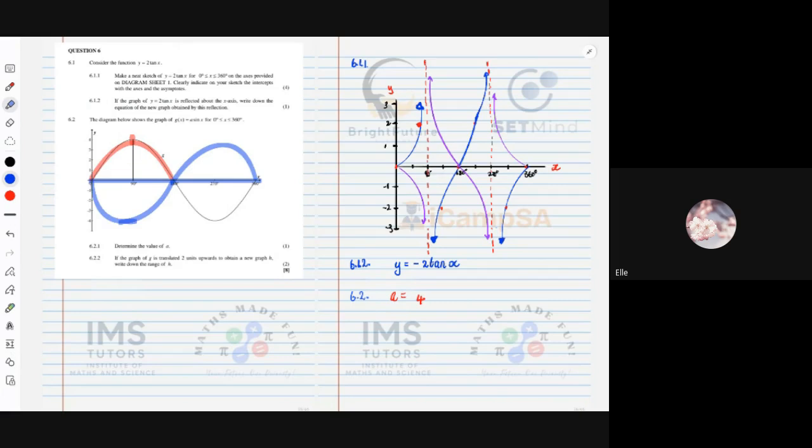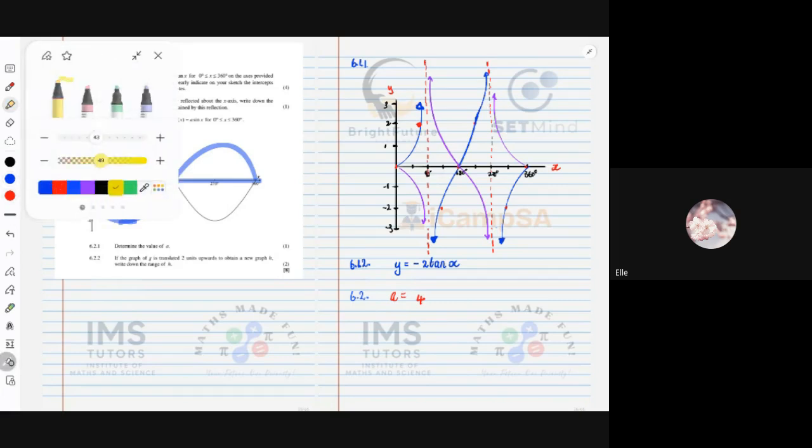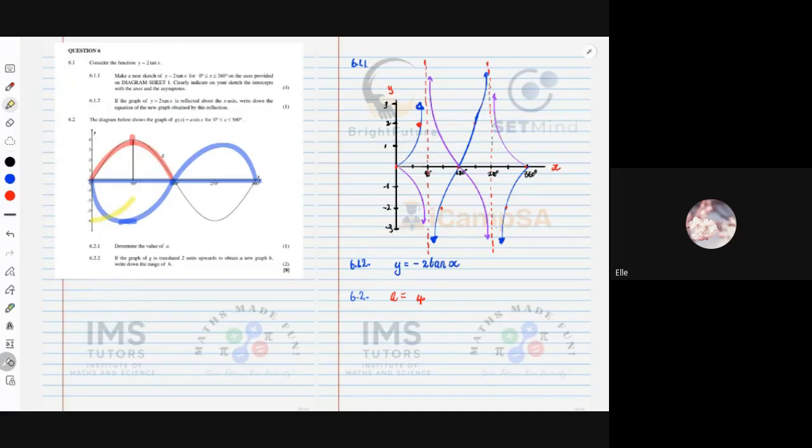Let's say it was a cosine graph, maybe starts here. Maybe it was a cosine graph, something like that. But it starts from below. Even though the center line is still the same, it starts from below.